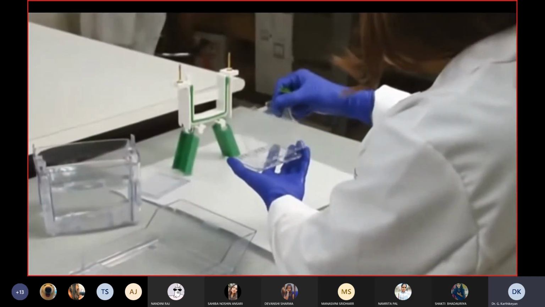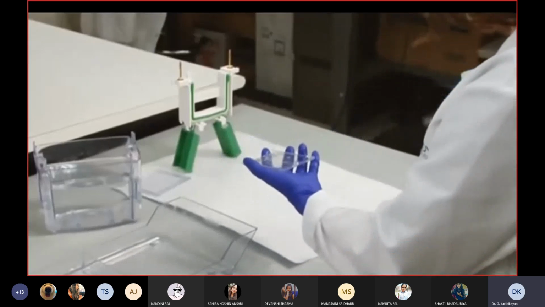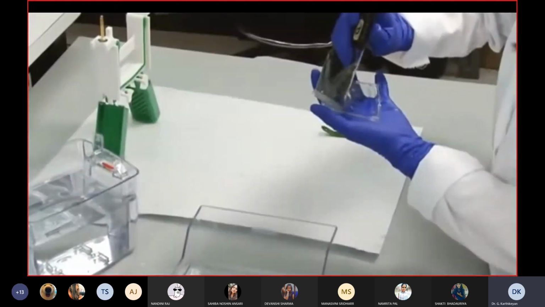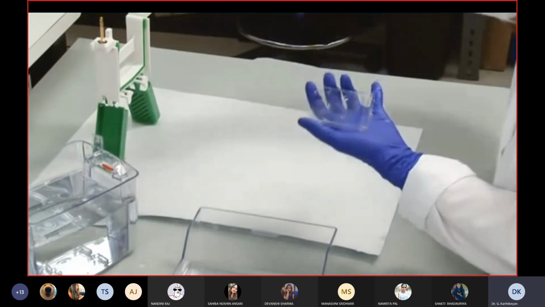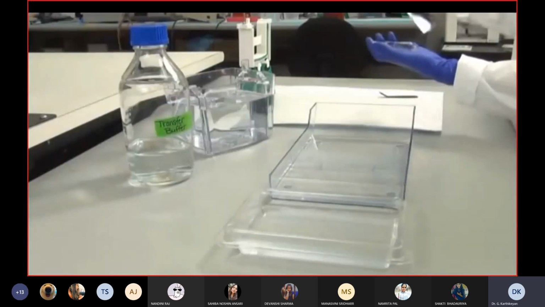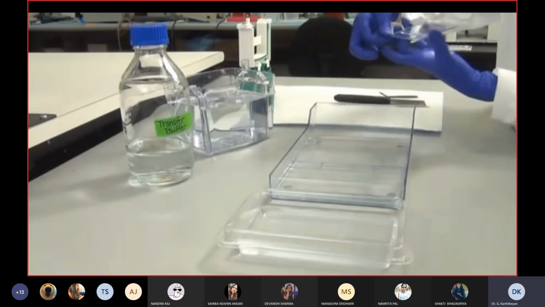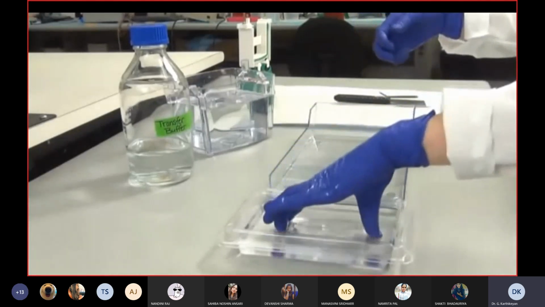Start by removing the gel from its cassette, cutting off the top portion containing the wells. Notch the top left corner to indicate gel orientation. Float the gel in transfer buffer while preparing the transfer sandwich.